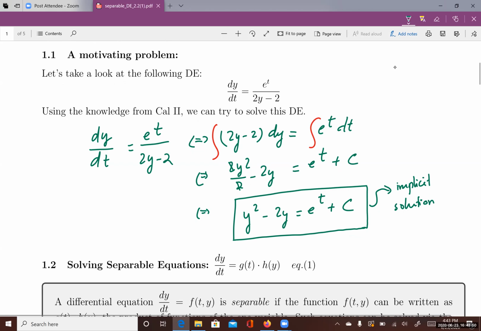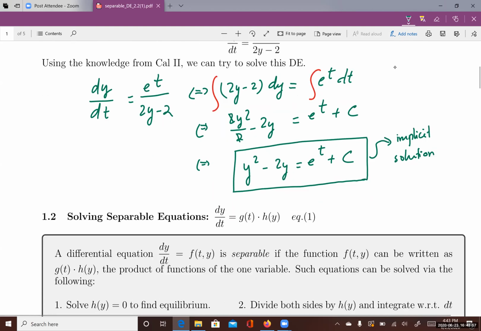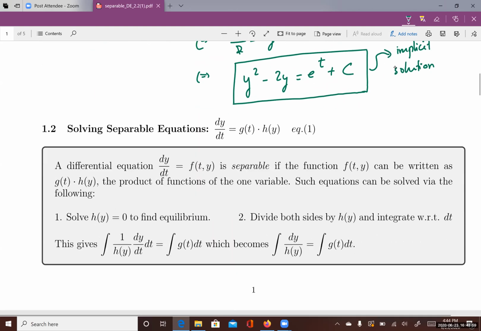So this is an example of a separable differential equation. In general, a separable differential equation is an equation in this form: dy over dt equals a function of t multiplied by a function of y, right?